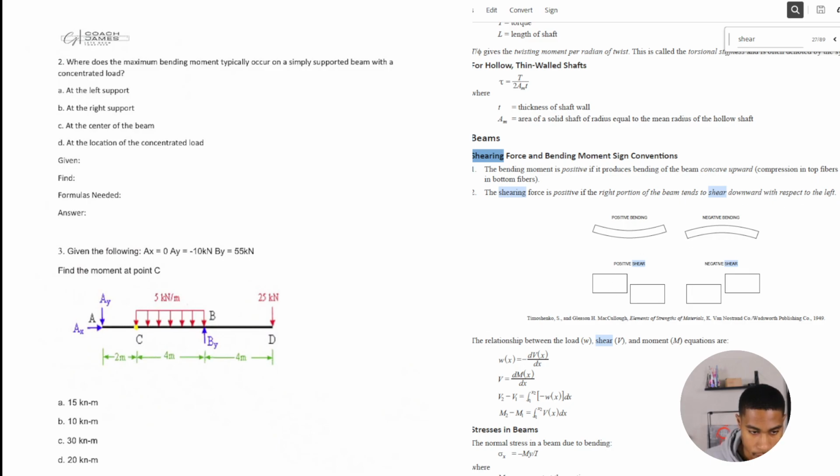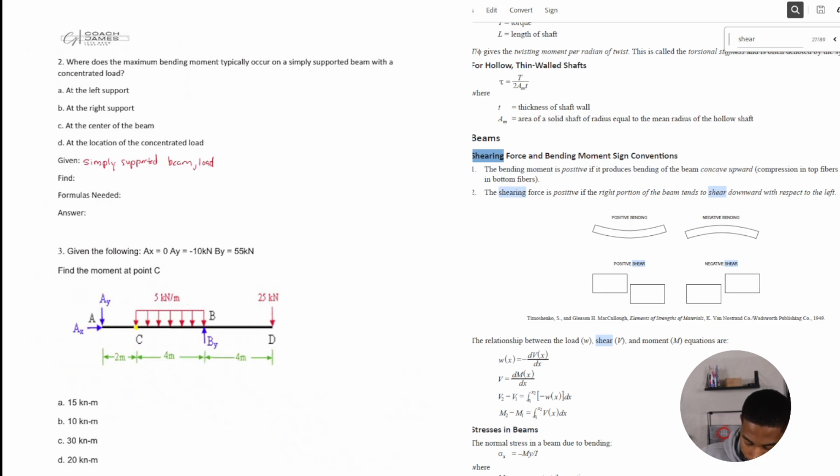All right, so we're given that we have a simply supported beam, and there's also a load that is concentrated.